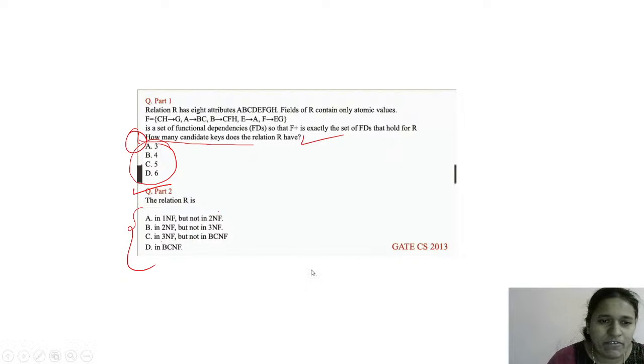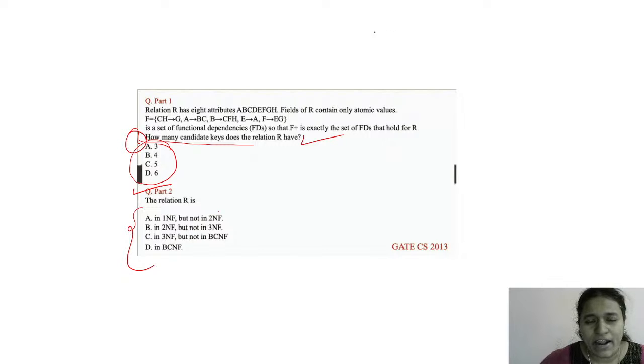For that, first we have to find the candidate keys, right? To say the relation is in 2NF, 1NF or anything, first of all we have to know what the candidate keys are. From the candidate keys only we come to know what are prime attributes and what are non-prime attributes.